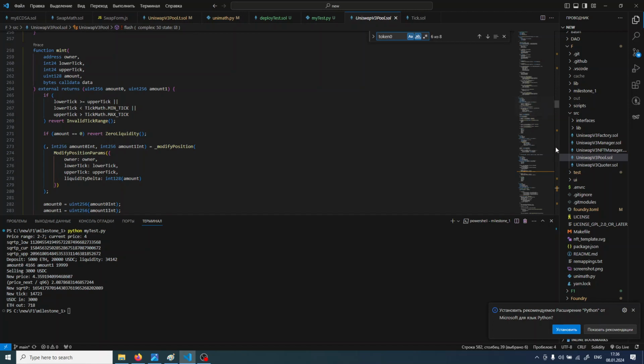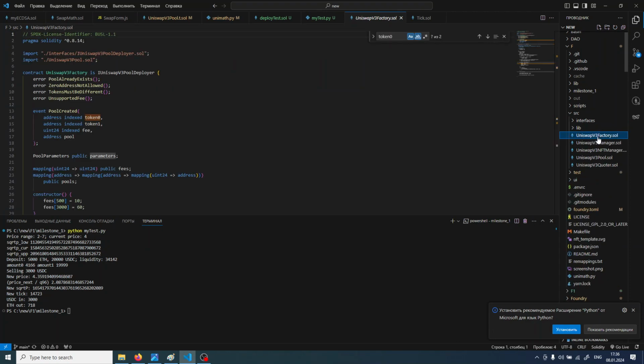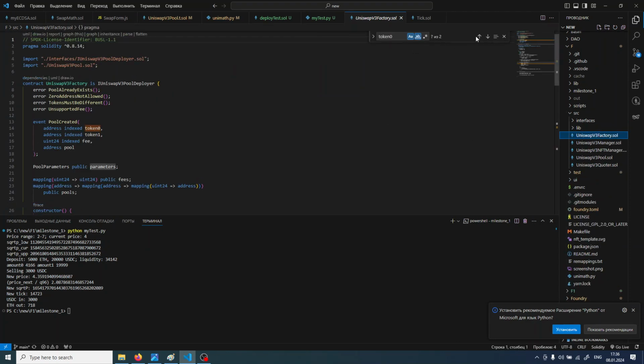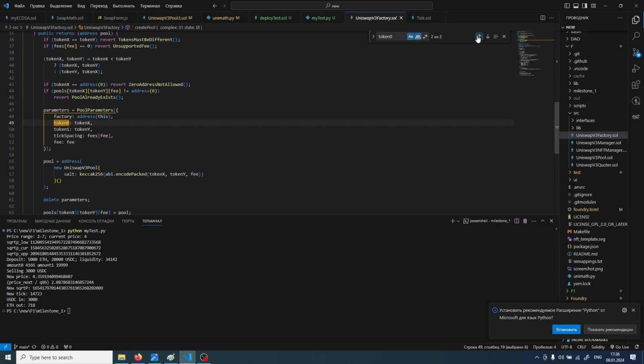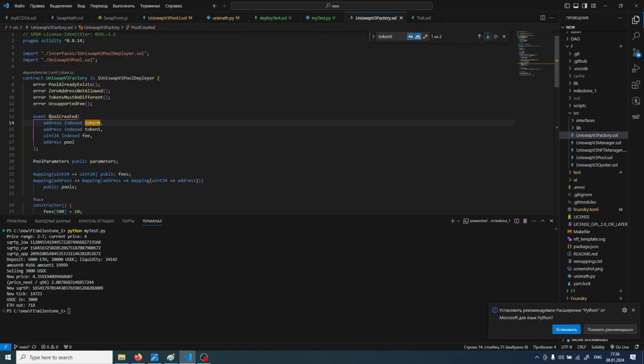No. We have an already created pool with these tokens, so we must go to the factory. Yeah, definitely. In the factory you can see this event.